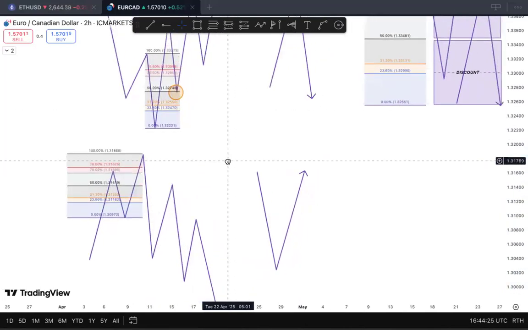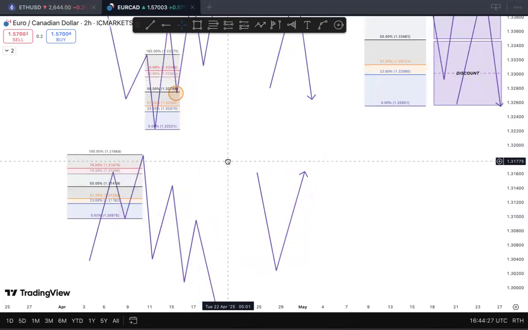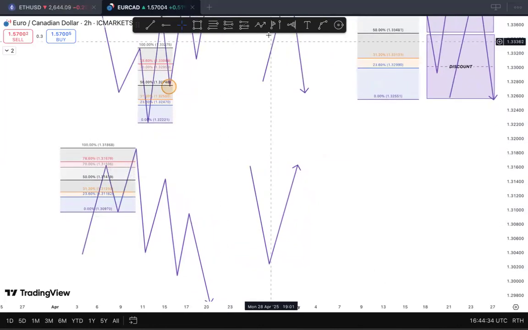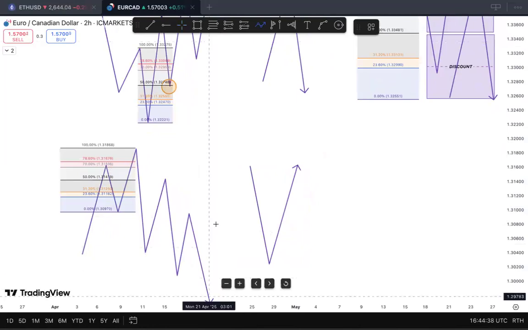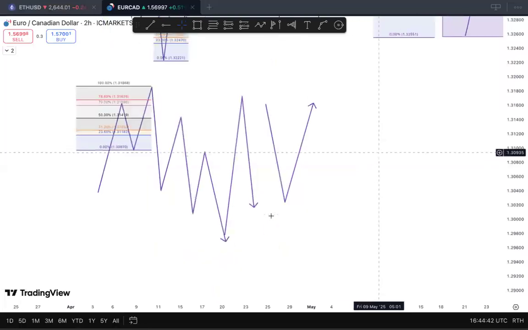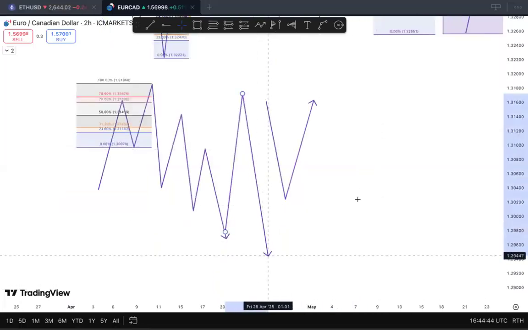Okay? Is at least 50. So once you get this done, then you wait for price. Once you measure this, what do you do? You wait for price to come, boom. And that's it. Wait for price to come, boom.